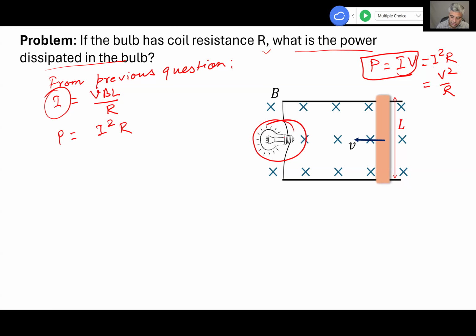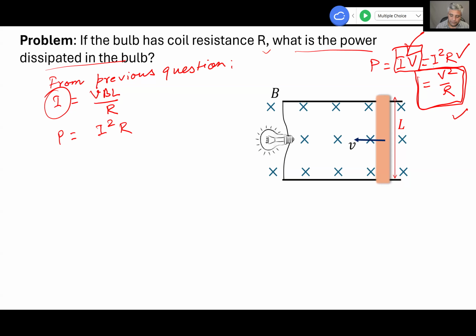Usually we like to write it in terms of current and resistance, but you get the same thing either way. In this case, one equation is not suitable because the resistance is given and that equation does not have resistance in it. So we can use either this or this one.